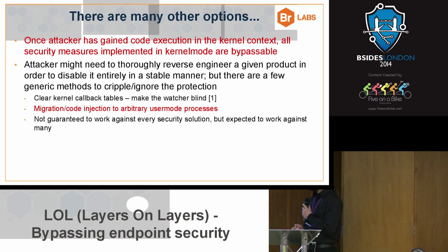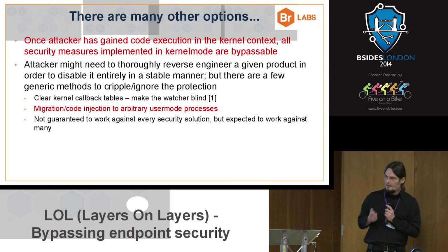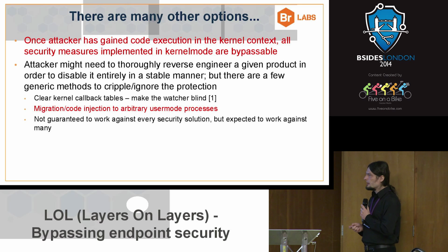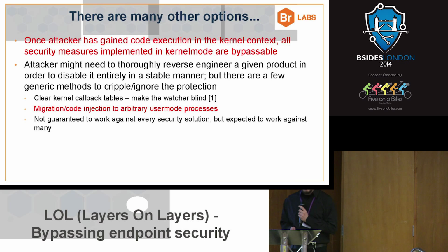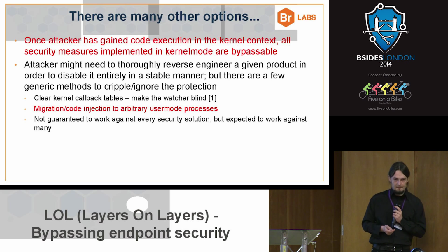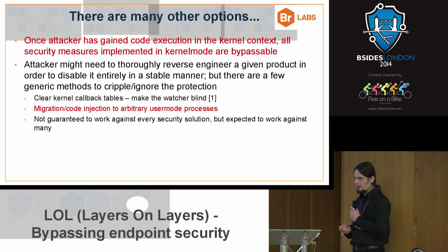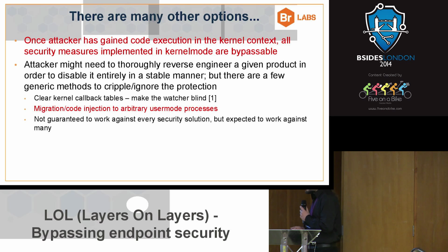And again, such methods are well known in the literature. The oldest one I found was just clearing kernel callback tables. So essentially, make the watcher blind. How it works, for instance, let's think about a typical HIPS scenario. The HIPS kernel driver would like to know whenever a new process is created, right?